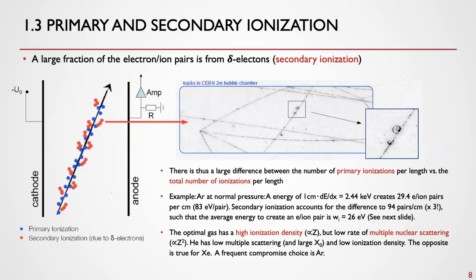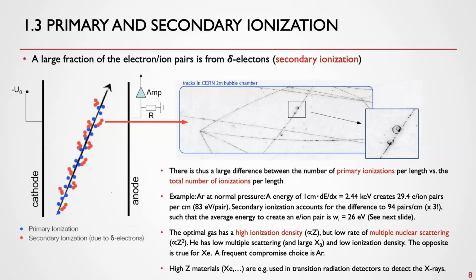In between is argon, and argon is a frequent compromise between good ionization density, where you favor high Z materials, and low multiple scattering that penalizes high Z.